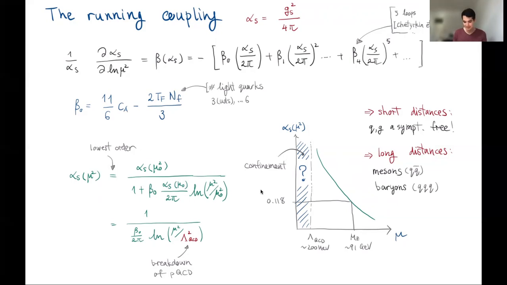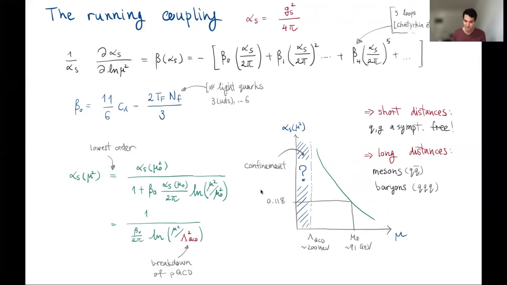So if I plot this running of alpha_S against the scale, we see that as I go to higher scales, the coupling decreases, which is exactly the property of asymptotic freedom. So at short distances, the quarks and gluons are the proper degrees of freedom to use.